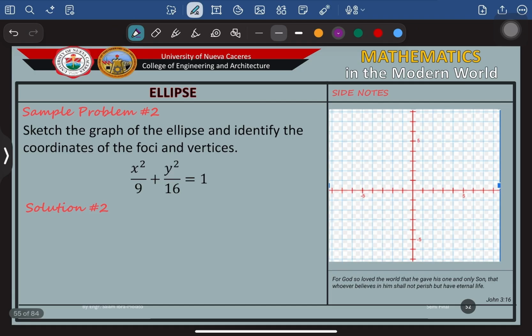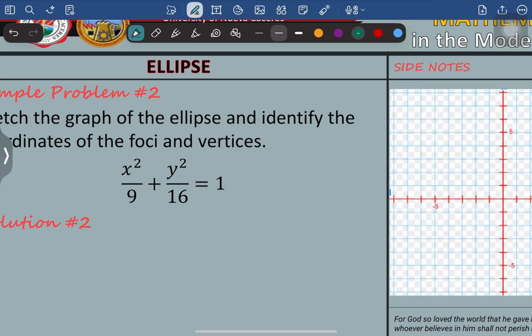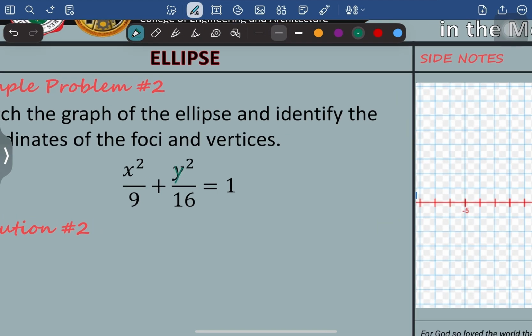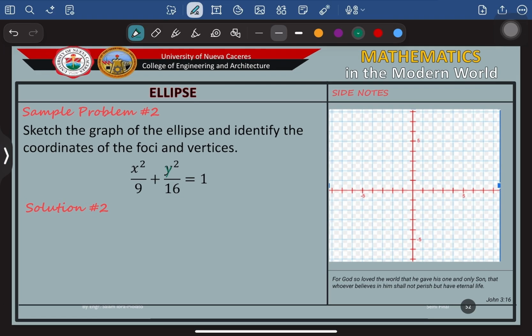Next, sketch the graph of the ellipse and identify the coordinates of the foci and vertices. This time, the longer radius is under the y variable. That means it is parallel to the y-axis.